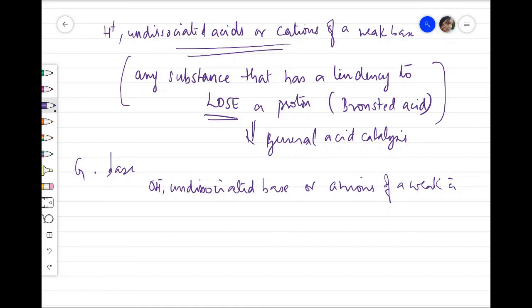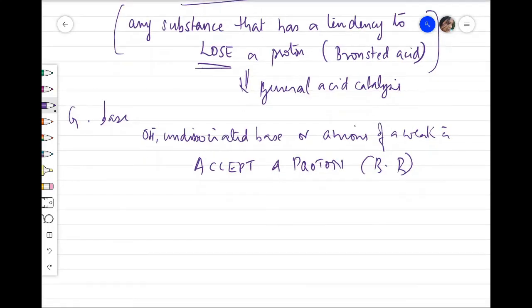In the Bronsted concept, when a reaction is catalyzed by any substance which has a tendency to accept a proton, this is what we call the Bronsted base. The example is ammonium nitrate, which forms O and H2O.